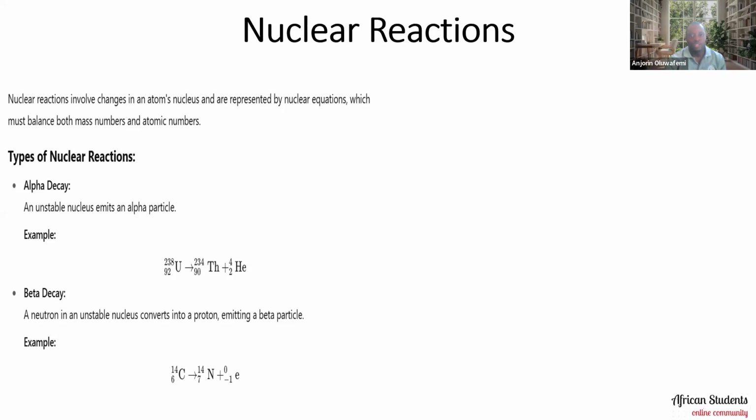When you look at it closely in the beta decay, the atomic number of carbon has increased by 1 to become 7, to give us that of nitrogen. That is how a beta decay looks. There's no change in the mass number. The mass number remains the same.